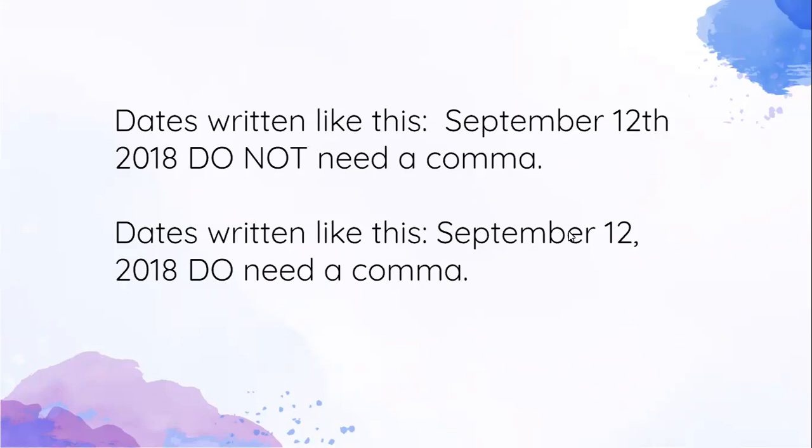But dates written like this, September 12, just with no TH, 2018, do need a comma. So if you say September 1st, with the ST, you're fine, you don't need a comma. But in writing, some people prefer to use just the number and not the ending two letters, and that's when you do need a comma.